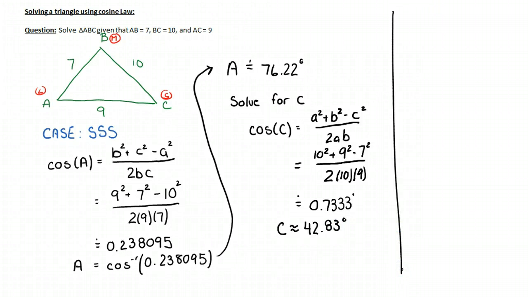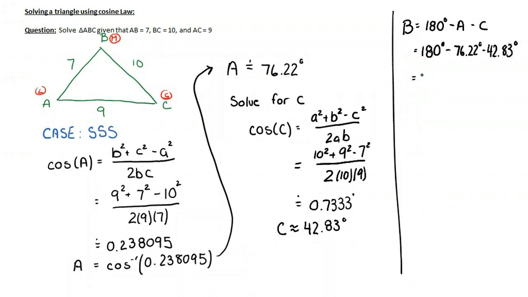So now to solve for this last angle, we could apply cosine law again, but notice I have two of the three angles, so I can say that B is going to equal 180 degrees minus A minus C, which is 180 degrees minus A, which is 76.22 degrees, minus C, which is 42.83 degrees.